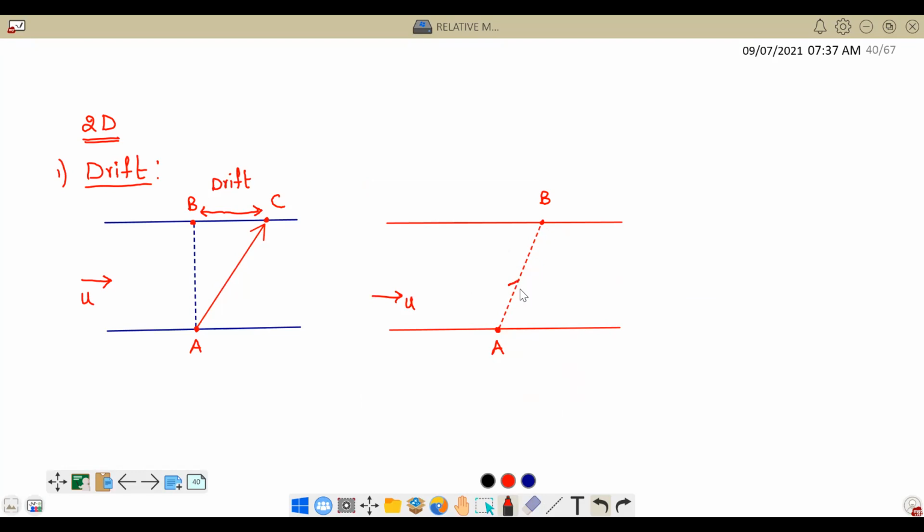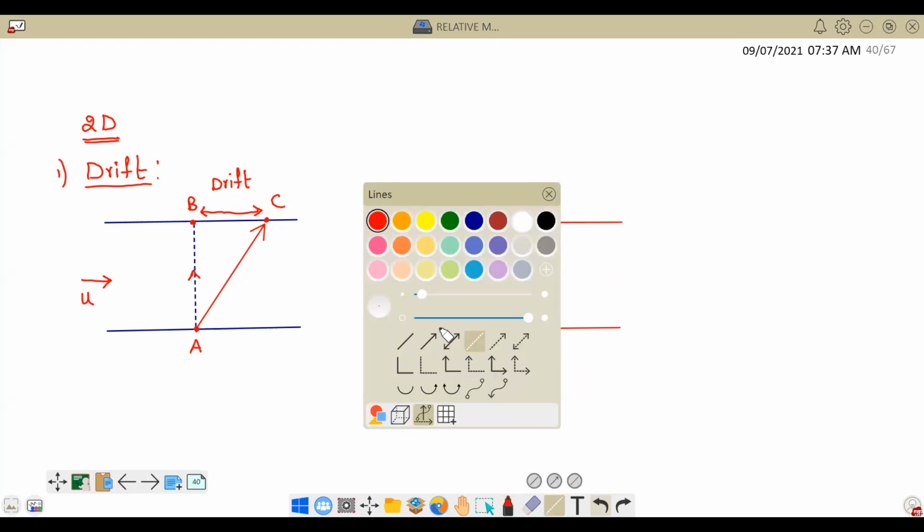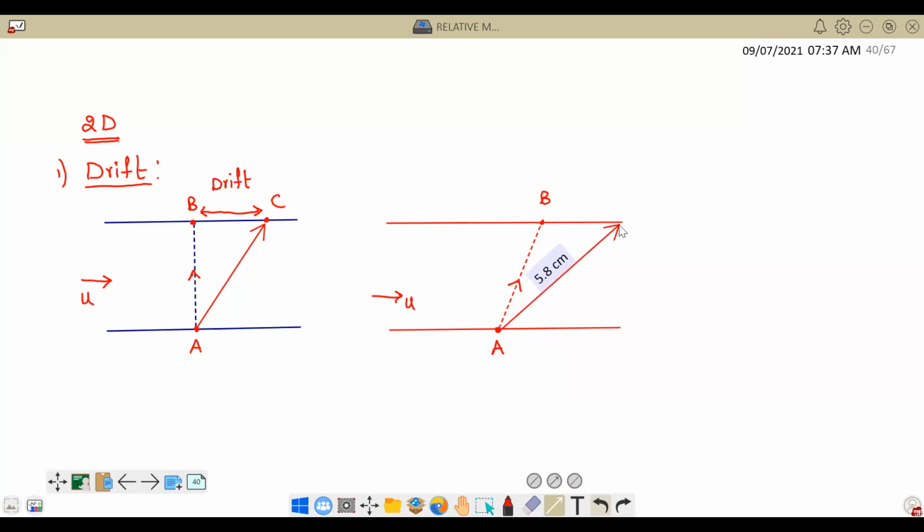You want to reach B, but will you actually reach B? No, sir. You will reach somewhere around some point here, C. So this distance is called drift. Please understand this one.